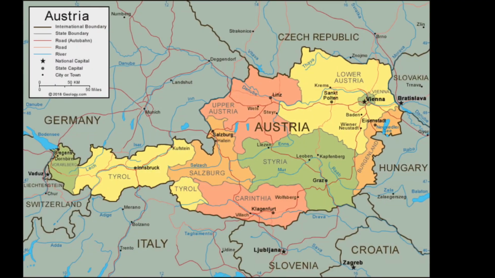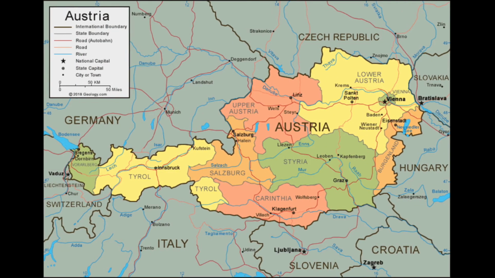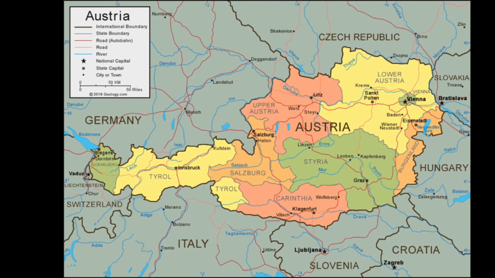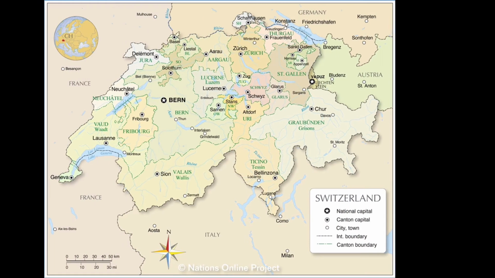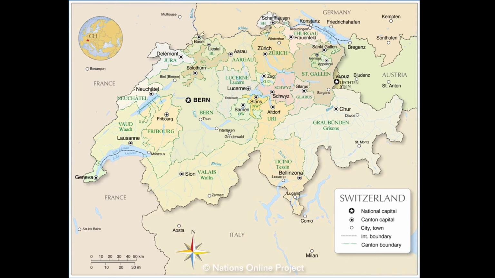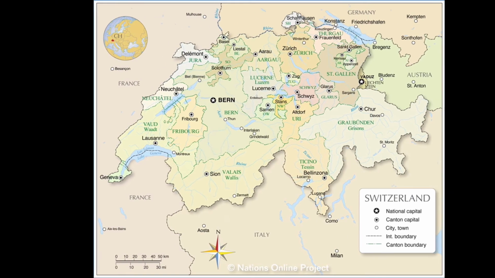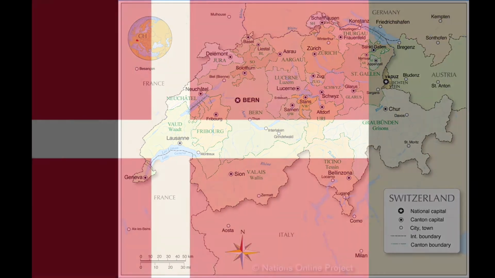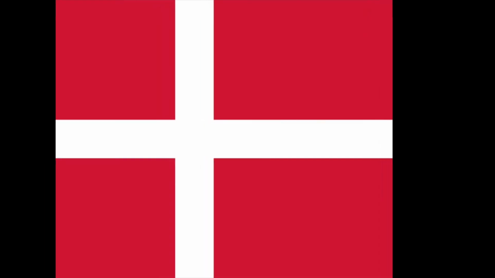Number 6, with Austria. Austria is in the fourth stage of the demographic transition model and has a pollution index of 19.20. Number 7, with Switzerland. Switzerland is in the fourth stage, approaching the fifth of this demographic transition model, and has a pollution index of 20.09. Number 8, with Denmark.